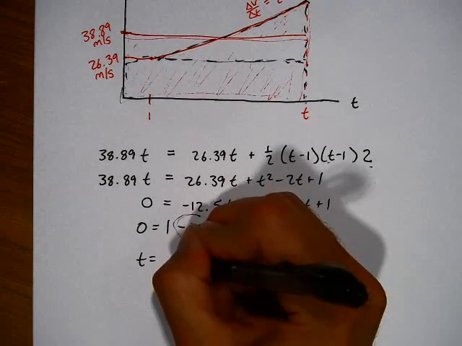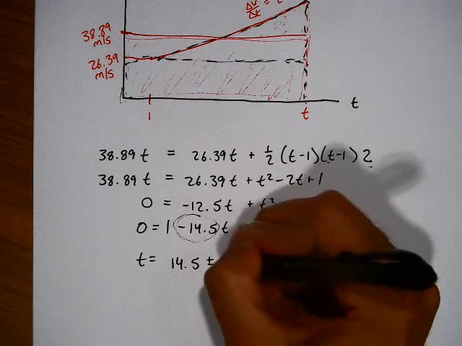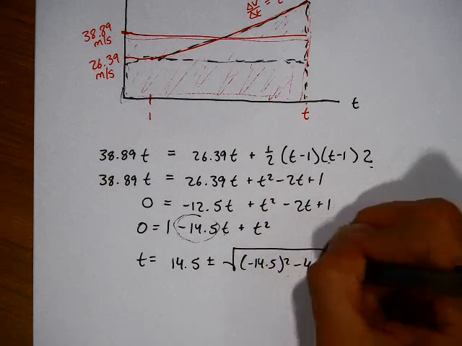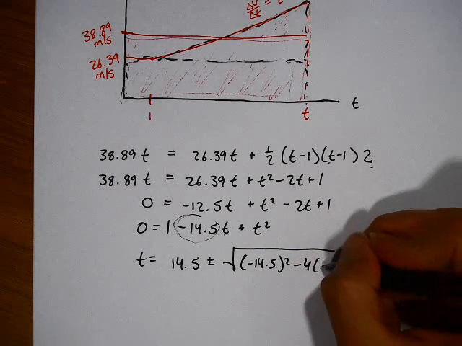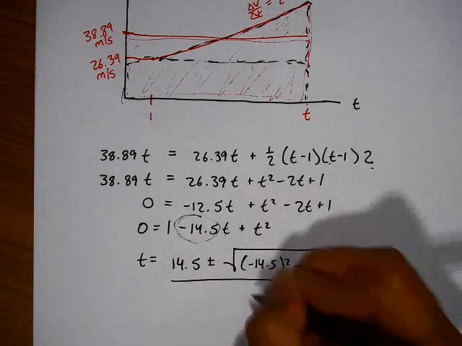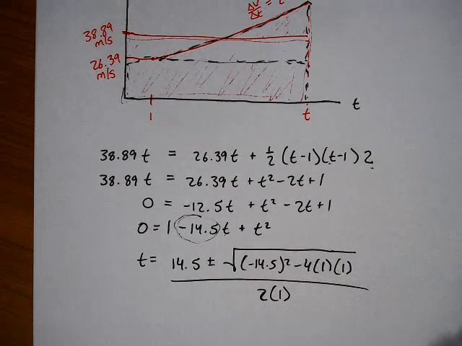So negative b plus or minus the square root of b squared minus 4a c. A goes in front of t squared. It's an implied 1. C is also 1. All over 2 times a. Okay.